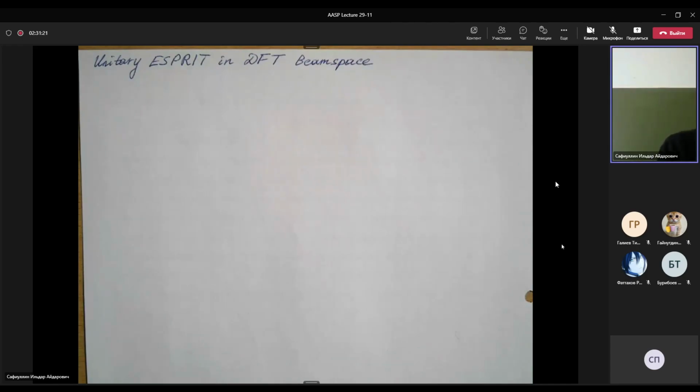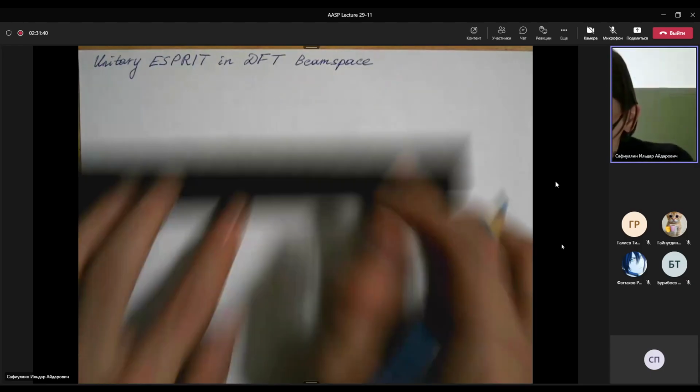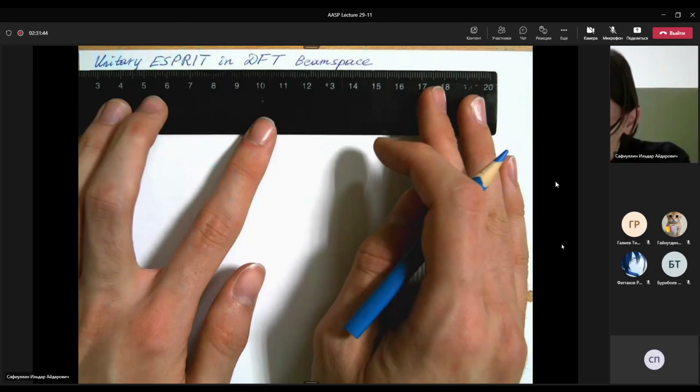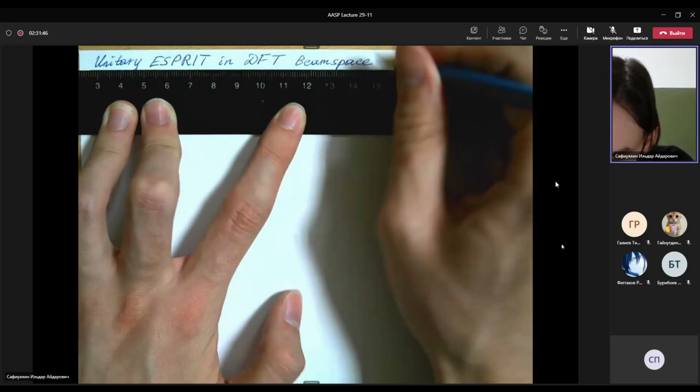Let me check. Okay, so I think we can use blue color here to indicate this DFT beam space unitary ESPRIT.